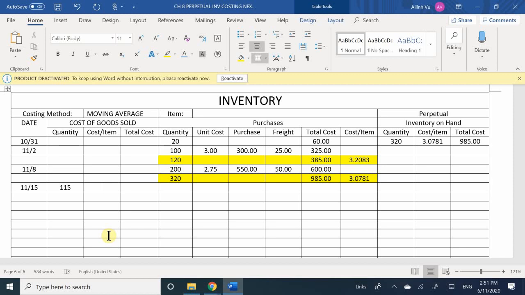So we have one batch. What is my cost per item to sell anything? It's 3.0781. Yep, that's it. And the total is $353.98. Here we just rounded to 2 decimal places. On the other side, we round to 4.